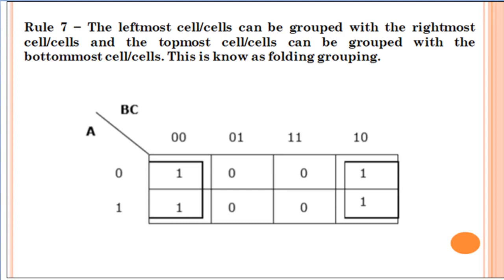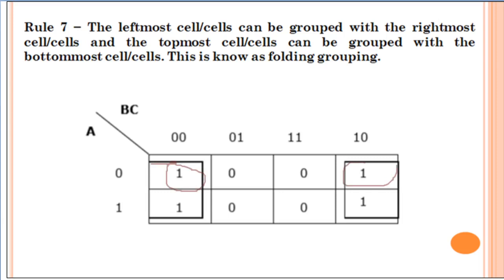As we know, grouping occurs between two or more cells which have a single bit difference, correct? In this case the folding group is placed because we can see the identity of the leftmost cell is 0 1 0, and the identity of the rightmost cell is 0 0 0.